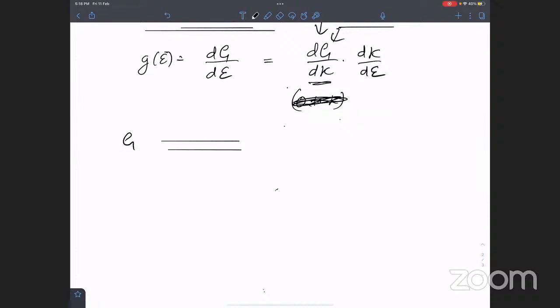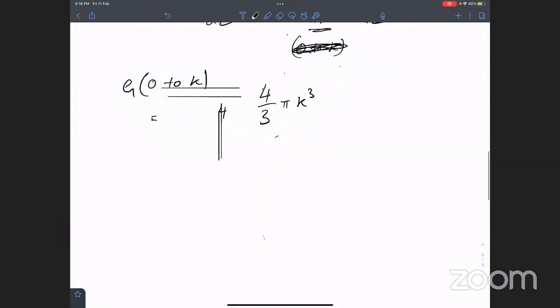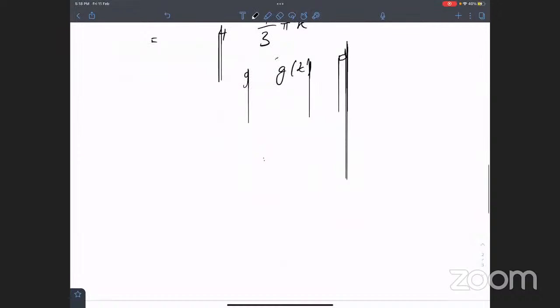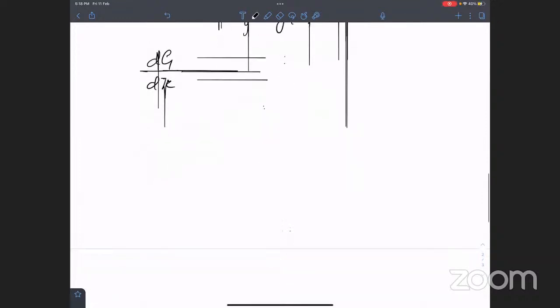Remember, all the states from energy 0 to k, this is nothing but 4 by 3 pi k cubed. This is the volume, right? This is capital G of k. So little g of k will be the derivative.